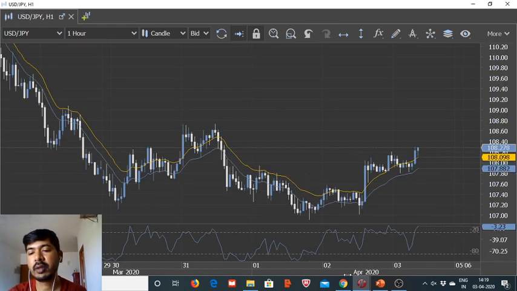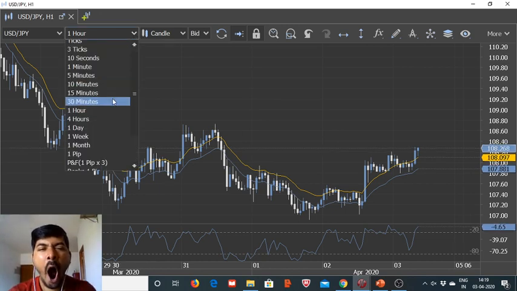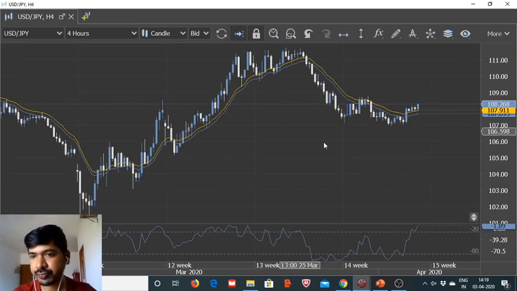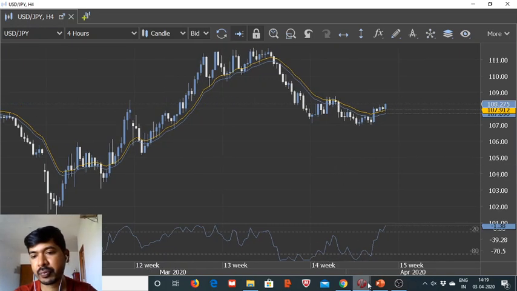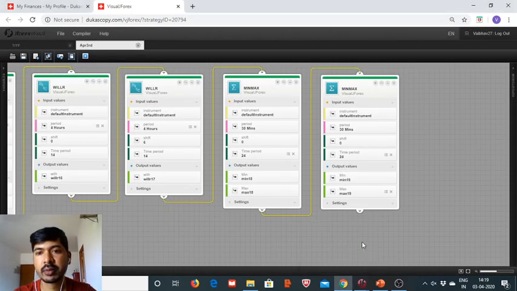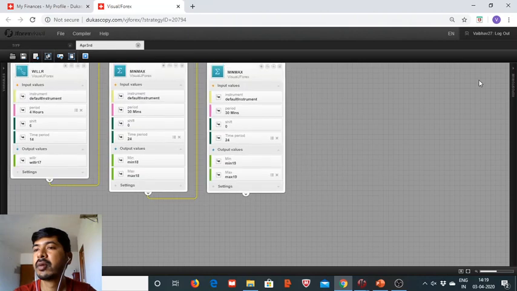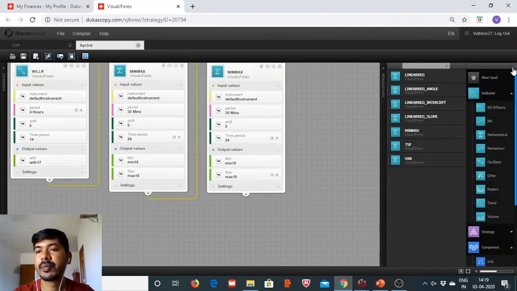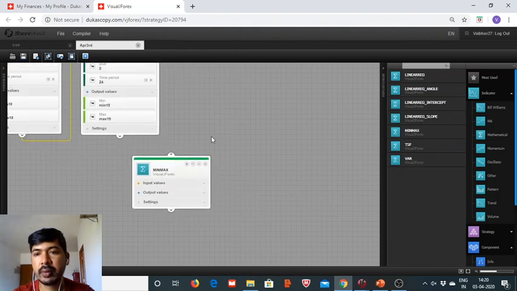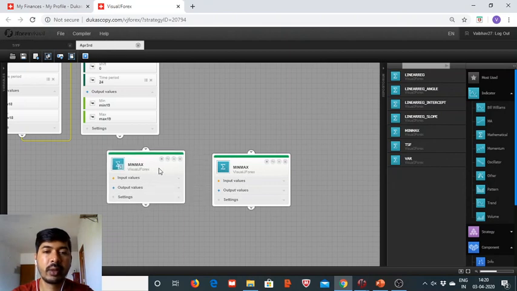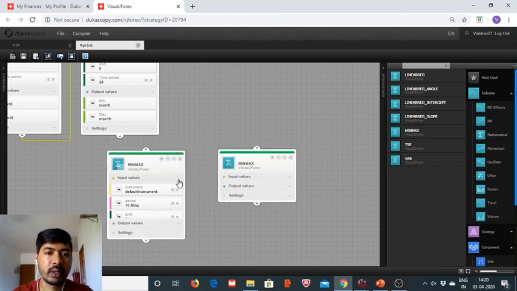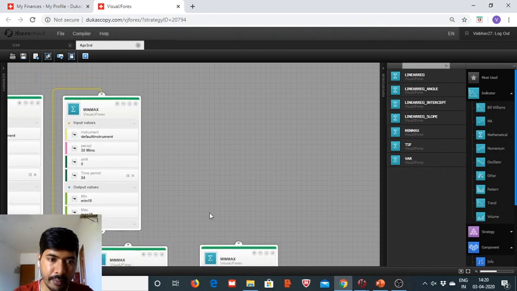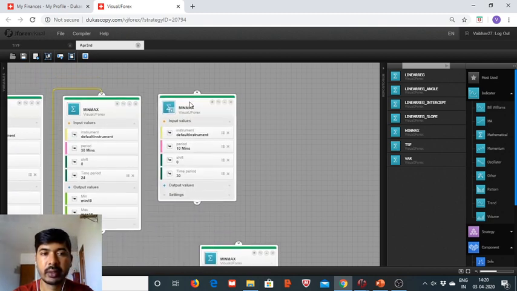So we bring in one hour's data using the min-max combination. We will need 4 min-max blocks, one on the minima side, one for the maxima side. We add these blocks here.